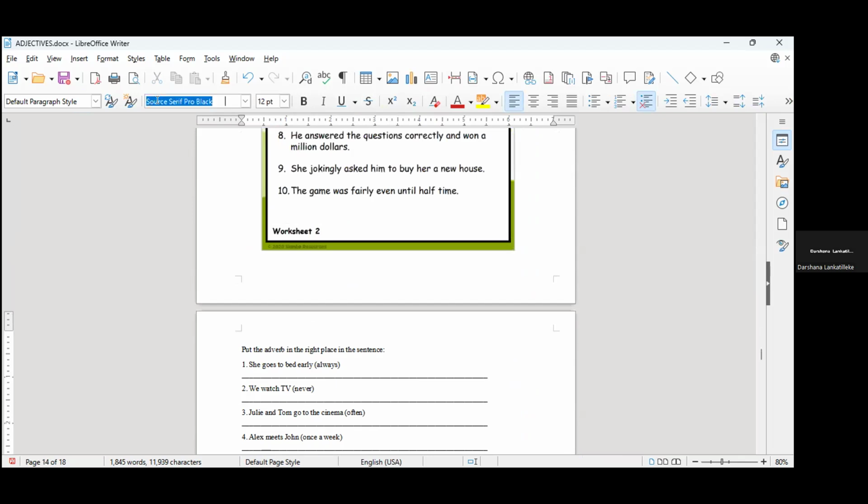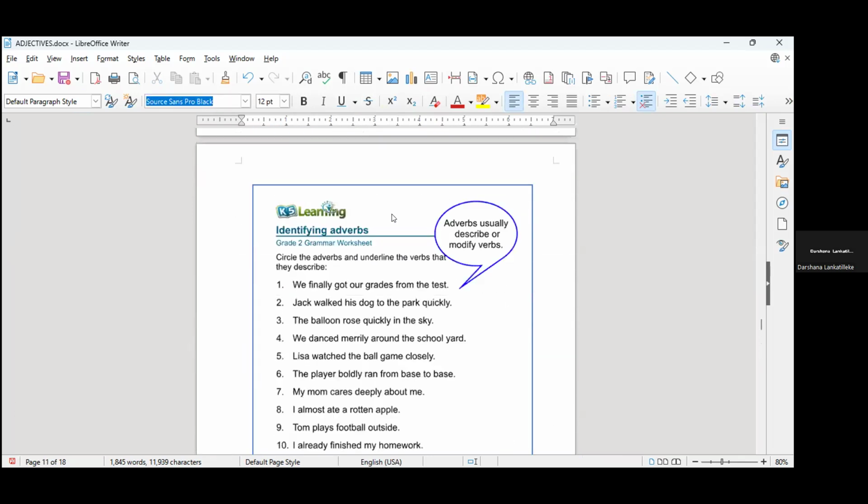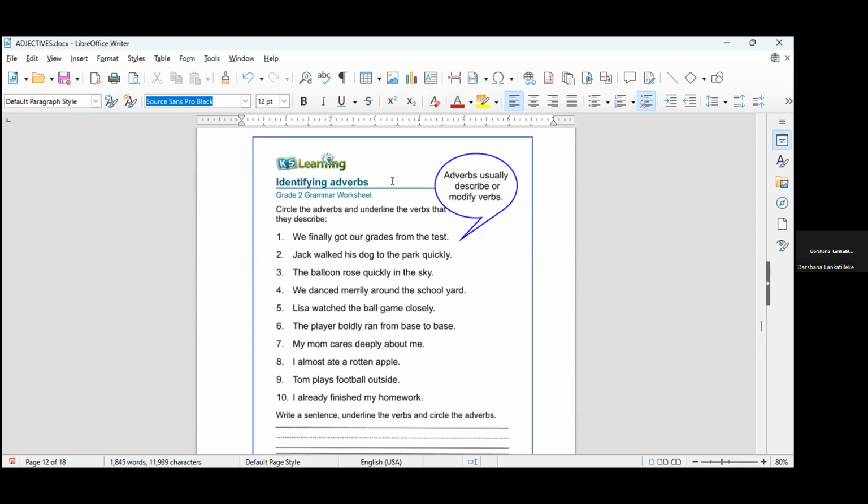Okay. Now I think you can see it nicely now. Right.